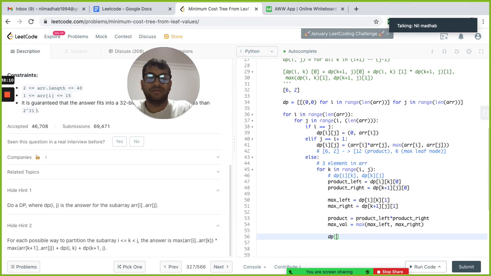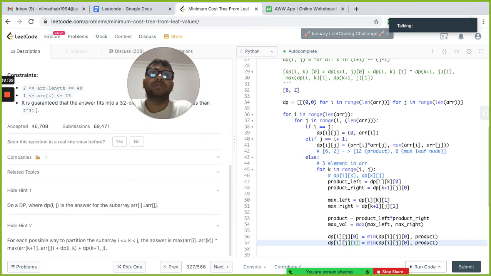And dp of i j 0 will be minimum, right? Minimum of... and 1 will be maximum, right?